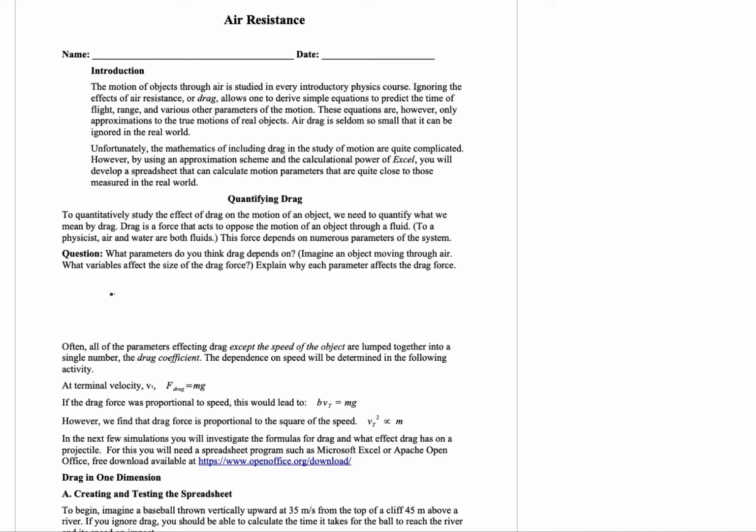So what if your projectile just wasn't moving? Would there be a drag force then? No, of course there wouldn't be. So if we're at rest, then the drag force, F air or F drag, equals 0. That's something to consider when you're thinking about the formula for drag.